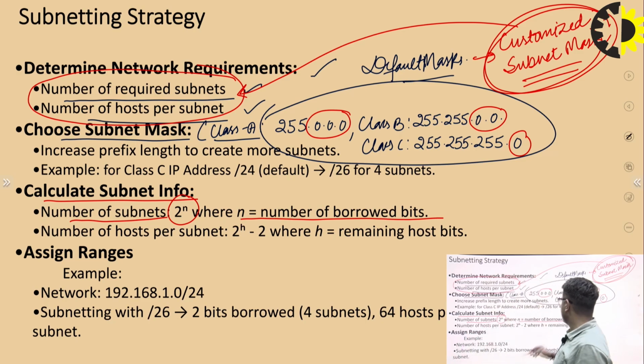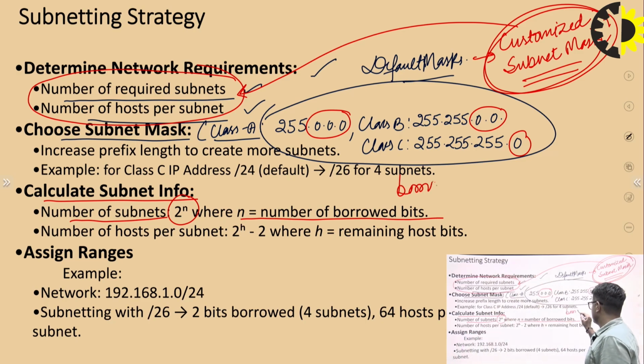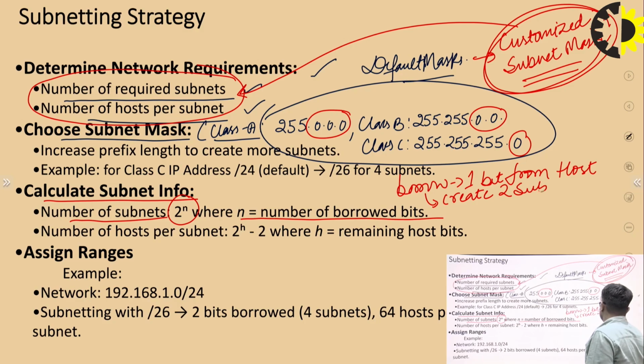That means if I borrow 1 bit from the host, then I can create 2 subnetworks. How?